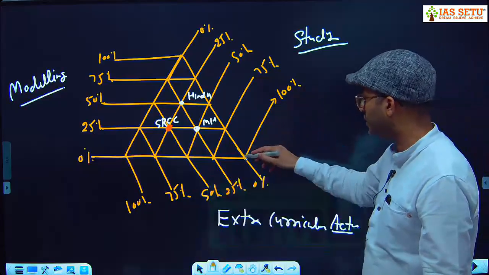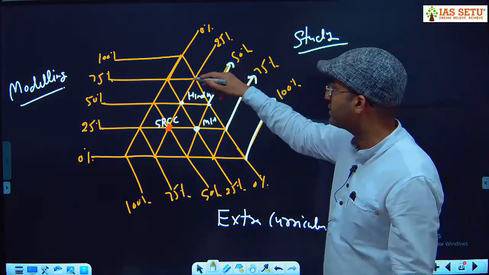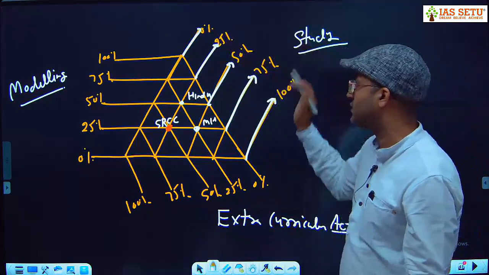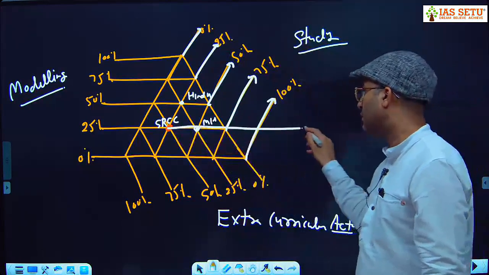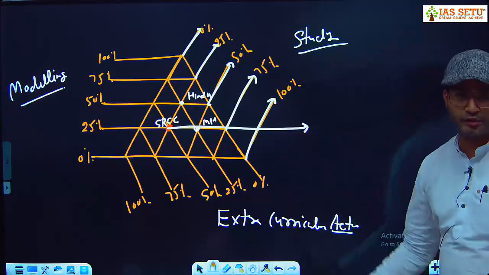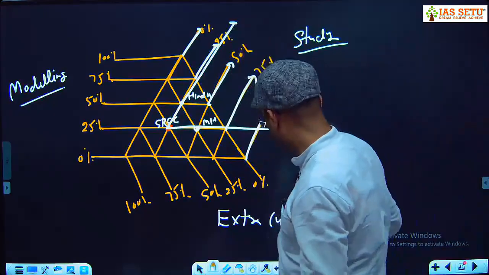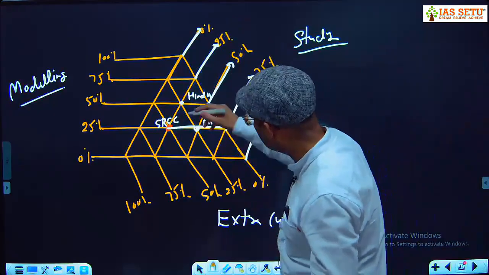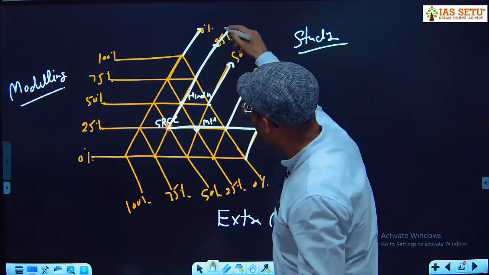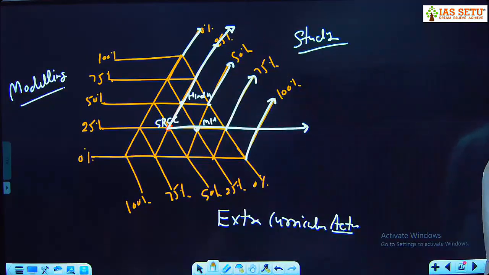This is your scale for study. Is this the correct line? No, because you intersect your scale. So 25% of students in SRCC are interested in study.